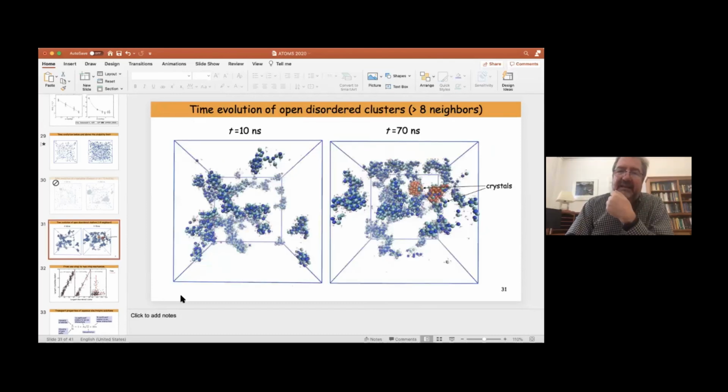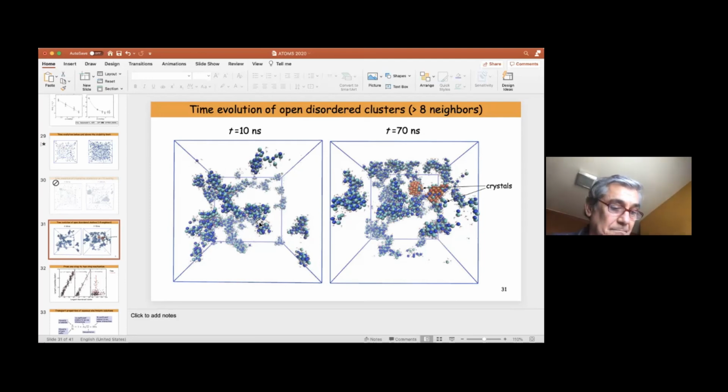These are system spanning, almost system spanning structures. This should not depend sensitively on the box size. You may have that in a bigger box, you will observe slightly different things at slightly different concentrations, but I don't think qualitatively it'll be different in a bigger box. Okay, thanks. Thank you, Fred.